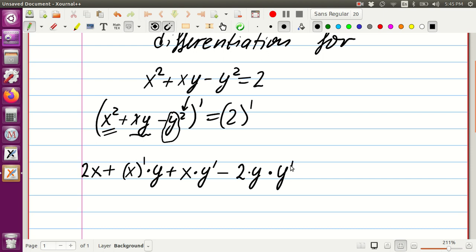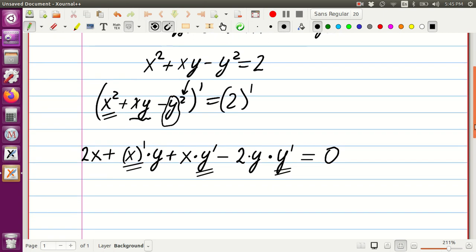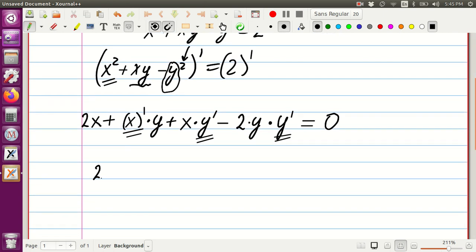So we're done with the left side. Now we're going to move to the right side where we're going to calculate the derivative of 2, which will be 0. So let's look where we have primes. We have a prime in here, we have a prime over here, and we have a prime over here. So let's try to deal with it. We have 2x plus the derivative of x is 1, so it's just y, plus x times y prime.